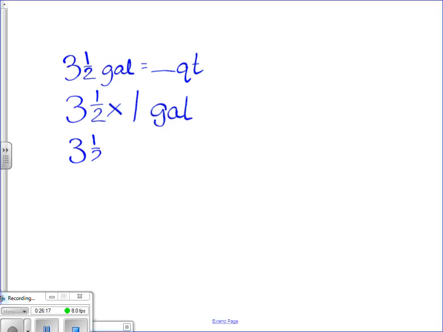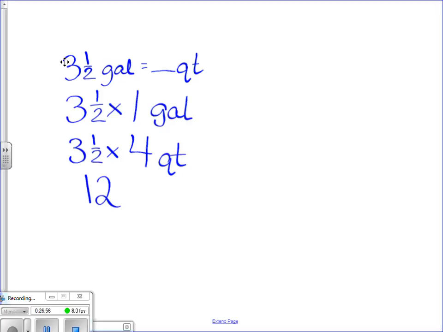3 and 1/2. How many quarts make a gallon? 4. It's right there. 4 quarts. So 4 times 3 is 12.